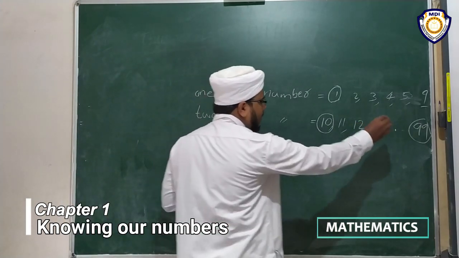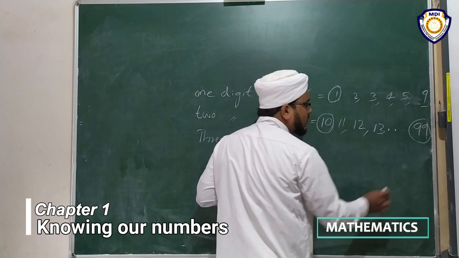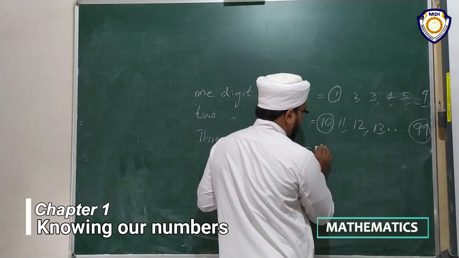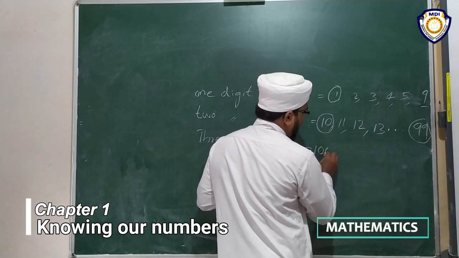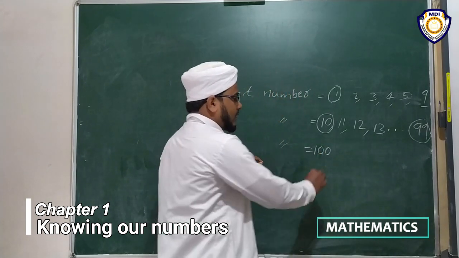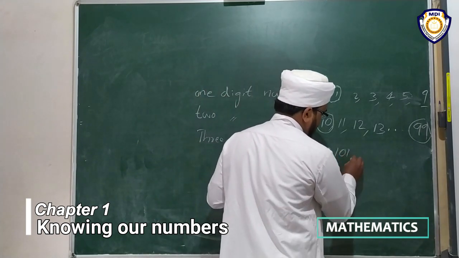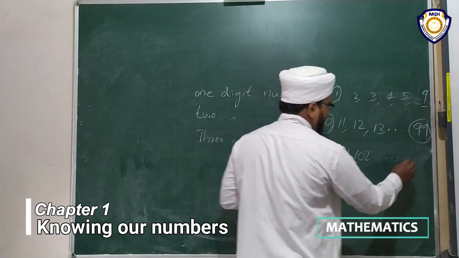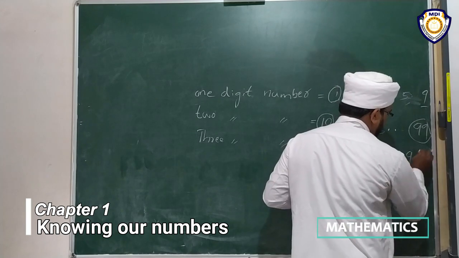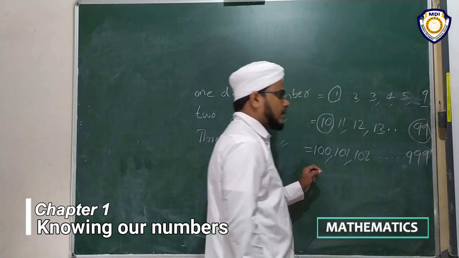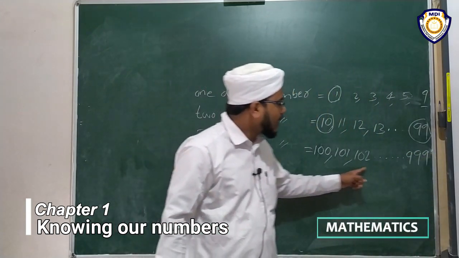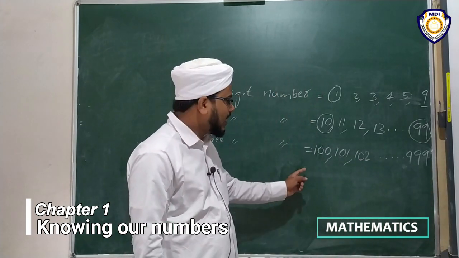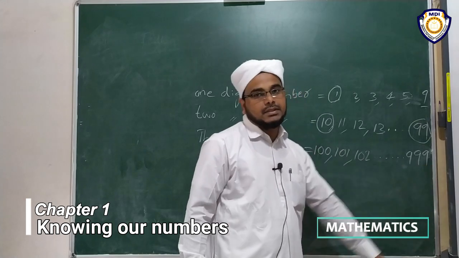Then 3-digit numbers. 99 plus 1. We got 100. Yes, these are the 3-digit numbers.